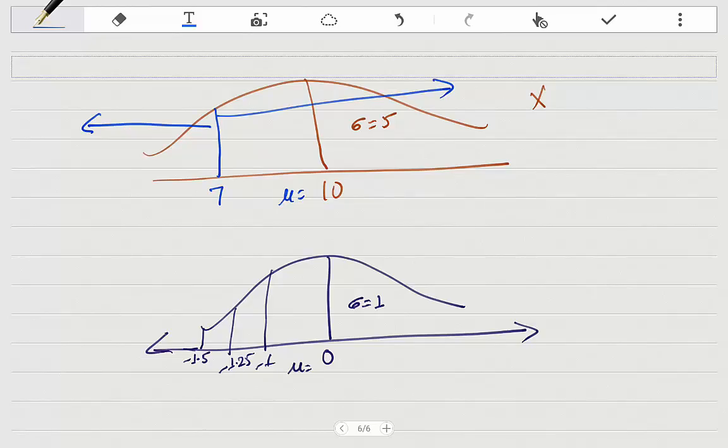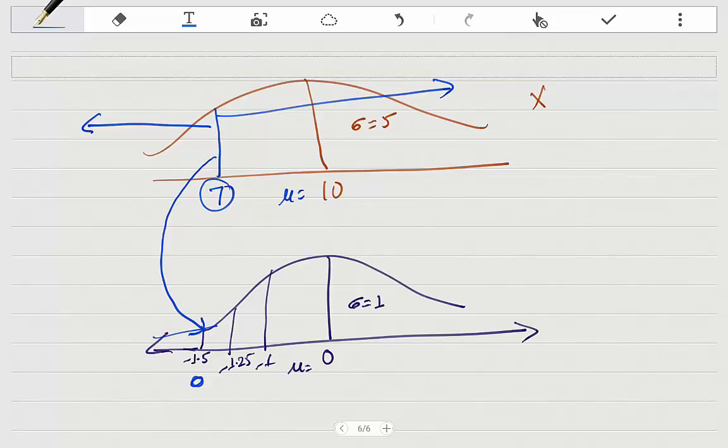Somebody figured out a way to find the equivalent of this 7 in the standard normal distribution. As soon as you figure out the equivalent of this 7, then you can refer to the table and find out. Suppose the equivalent value is, I don't know, 0.5.